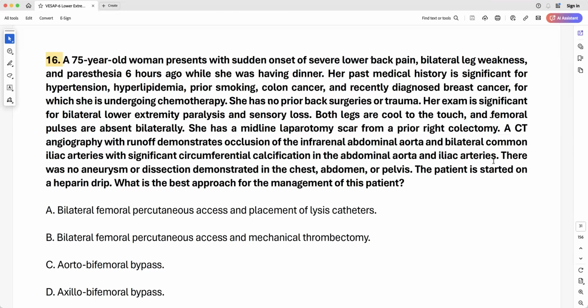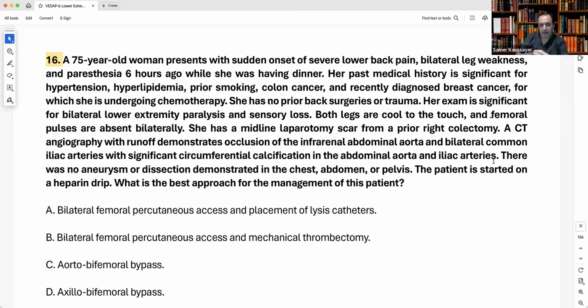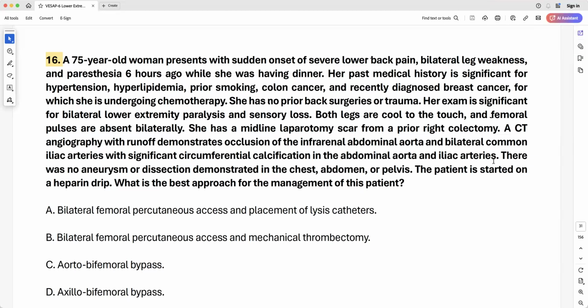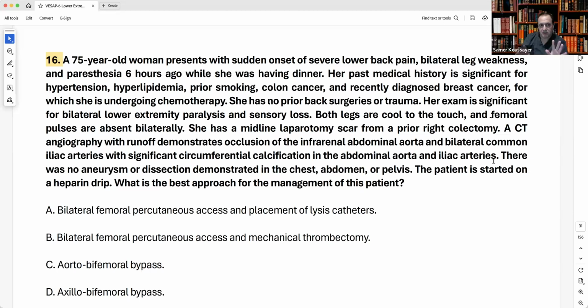They tell you she has bilateral extremity paralysis and sensory loss. What does that mean? That means you are dealing with a delayed ischemia, correct? Femoral pulse absent, there's nothing here. Midline laparotomy, right colectomy. So I'm going to tell you, look, it's not a benign abdomen, it's a hostile abdomen, correct?